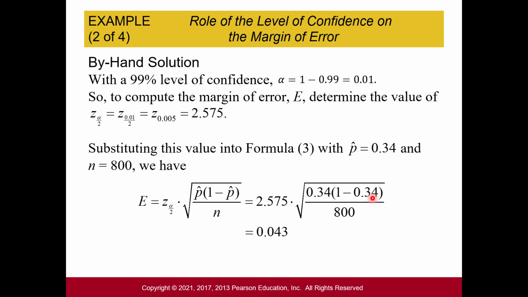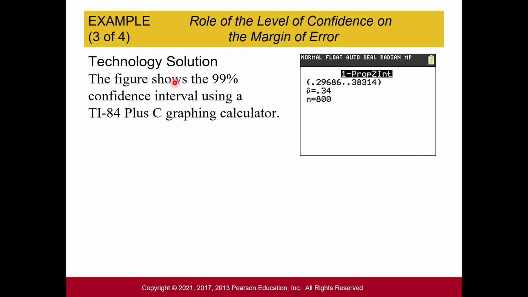And we have still that p hat is 0.34 and n is still 800. And now we have our standard deviation here times this different z value, 2.575, giving us a margin of error of 0.043.